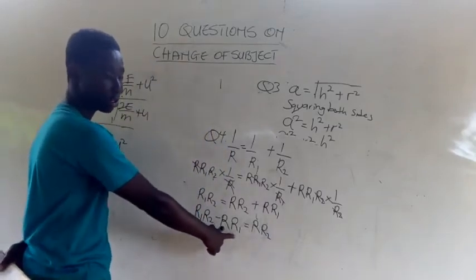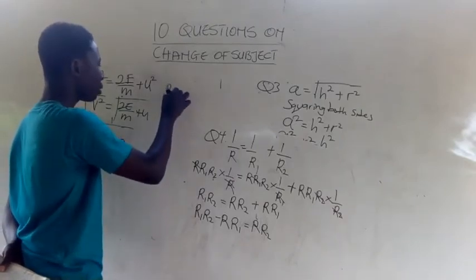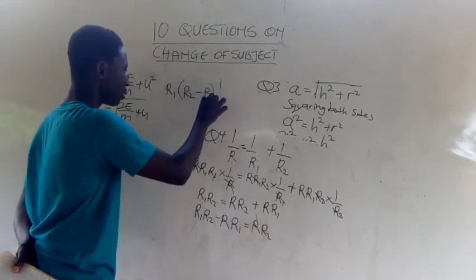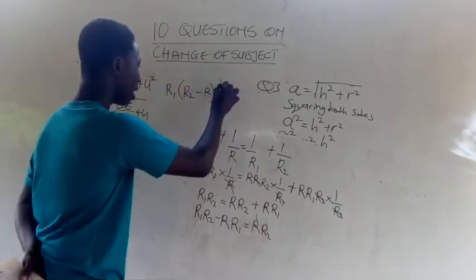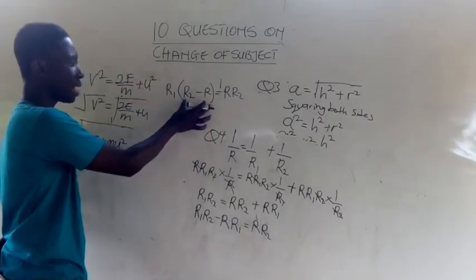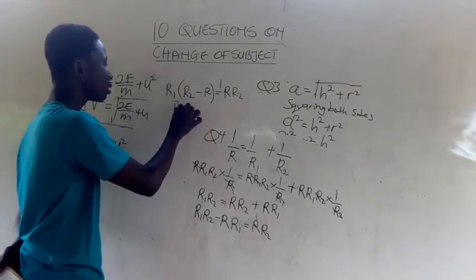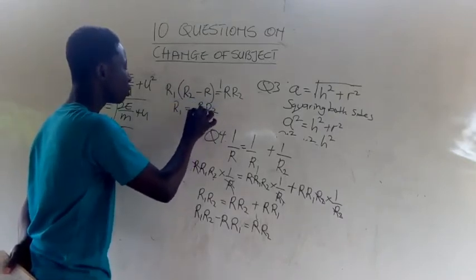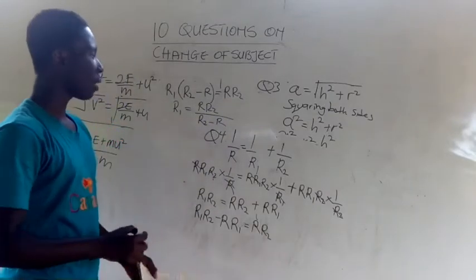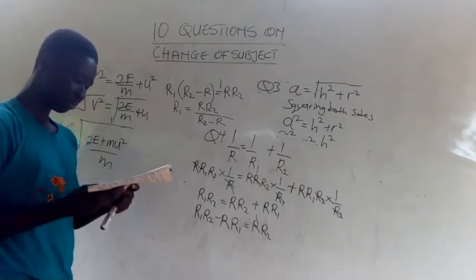Now you want r1, so we factorize out r1. We are going to get r1 out, r2 minus r is equal to r2. Then from here we divide both sides by r2 minus r so that we get r1. So r1 is equal to r2 all over r2 minus r. And this is our answer for question number 4. So let's move on to number 5.